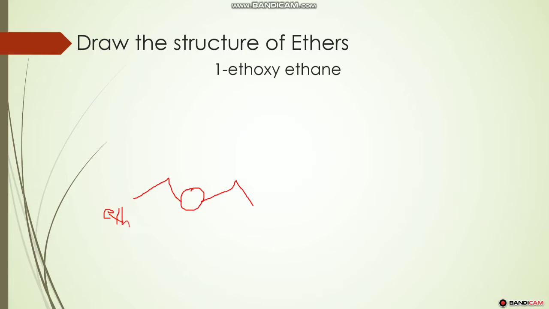I'm sorry for my handwriting here. Then this is our 1-ethoxy. 1, because it is attached to the first carbon, attaching the oxygen.